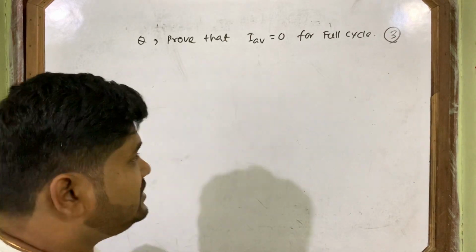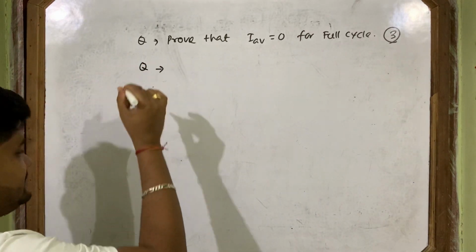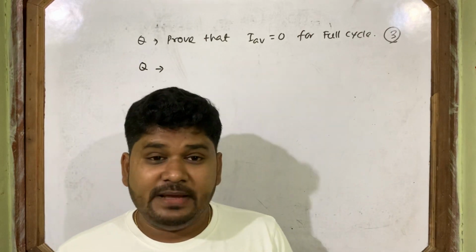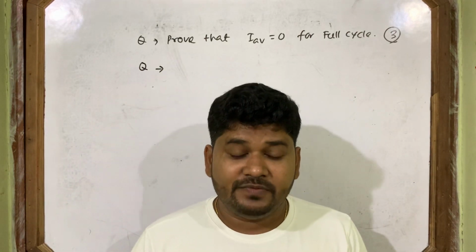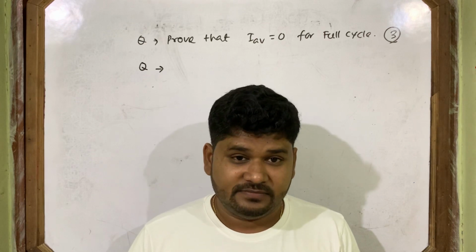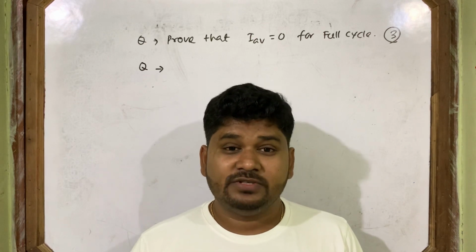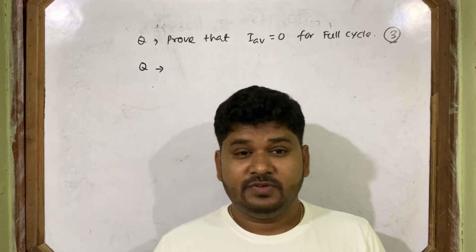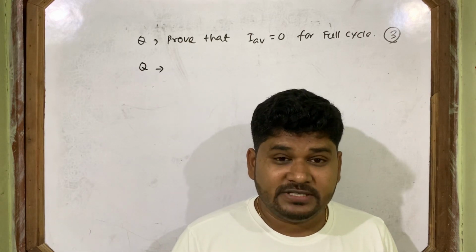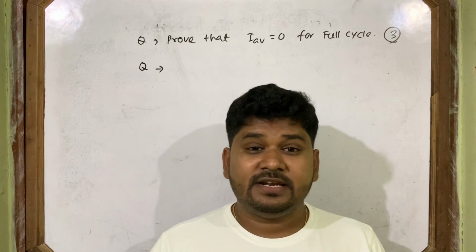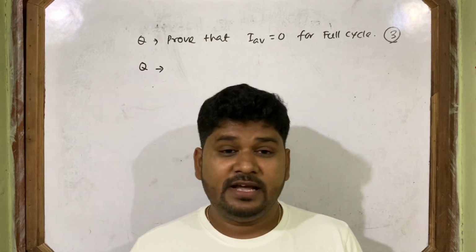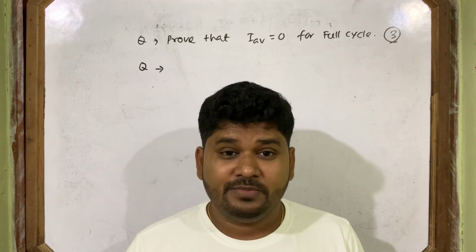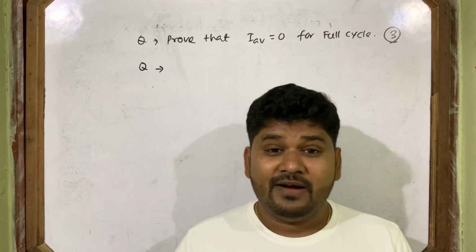Another question also comes in exam from this. You can't measure AC with the help of an ordinary galvanometer. Why can we not measure alternating current with an ordinary galvanometer?